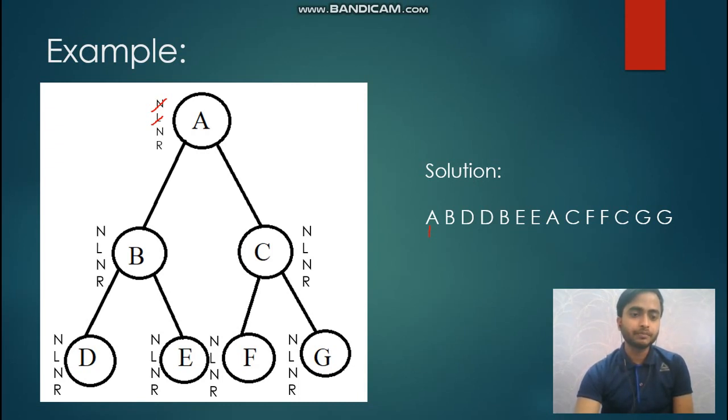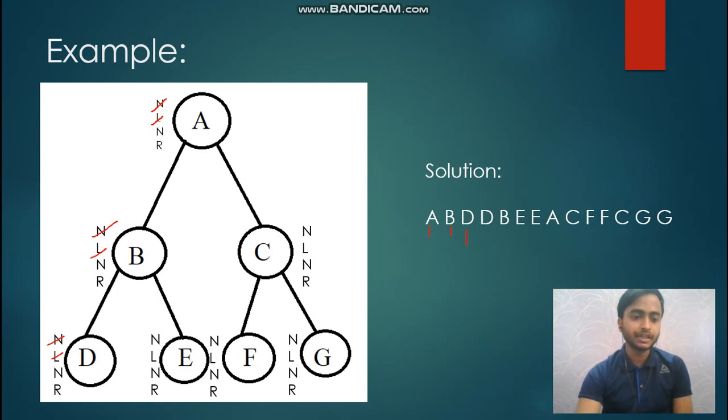Applying the algorithm on B, the first step is N, means to print B. B is printed. Second step is L, traverse the left subtree. We come to D. Now the first step is again N, print D. D is printed. Second step is L, means traverse the left subtree.